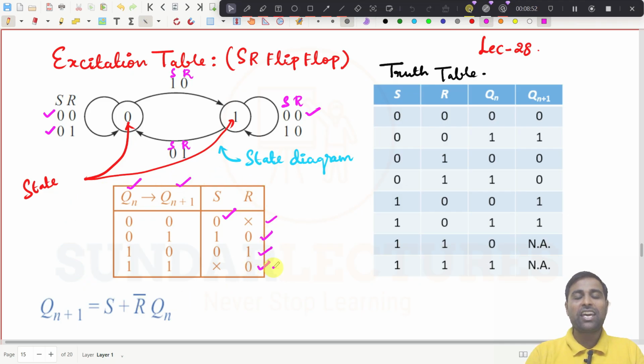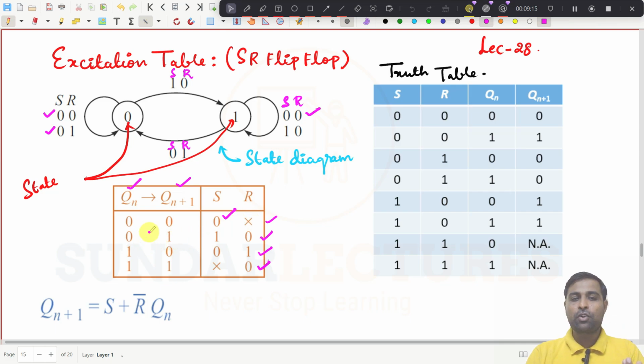So this is the excitation table of an SR flip-flop. Can you understand? It is very simple to understand. Just a pictorial representation, and from the pictorial representation we have made a tabular column. If the present state is 0, the next state should be 0, then S should be 0 and R can be anything, 0 or 1.